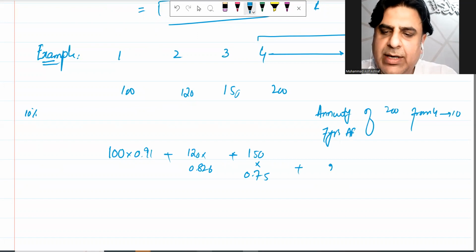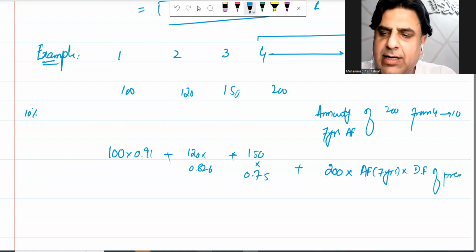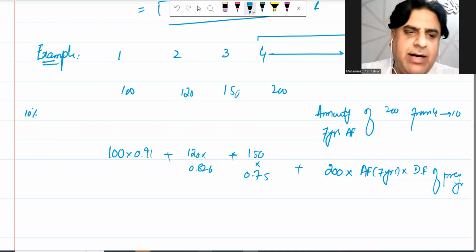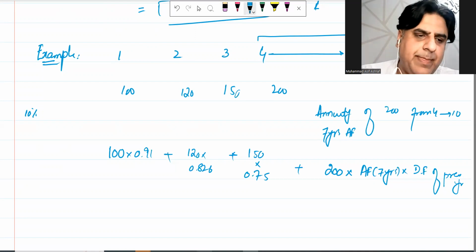So I will do 200 into the annuity factor of 7 years into the discount factor of the previous year. From which year does the annuity start? The annuity starts from year 4. So I'll multiply it with the discount factor of year 3.